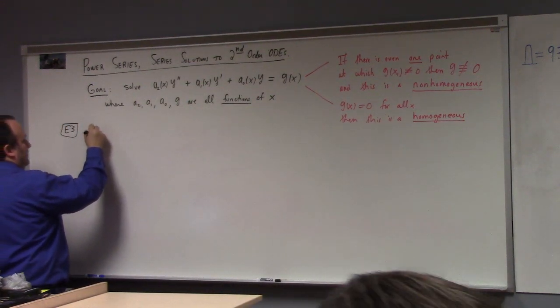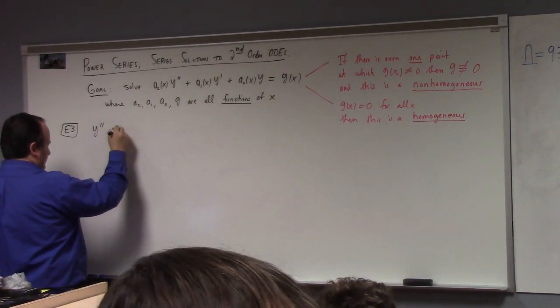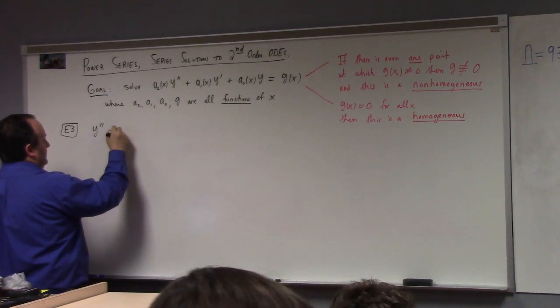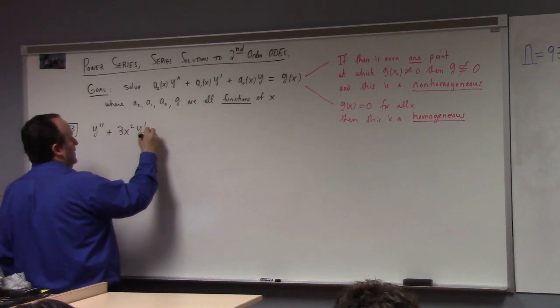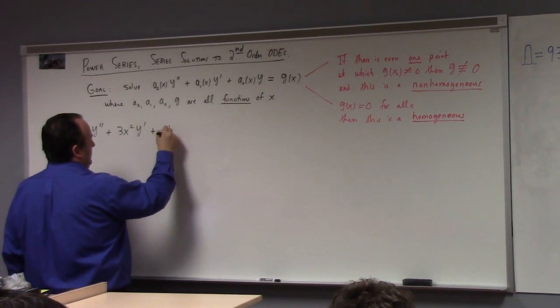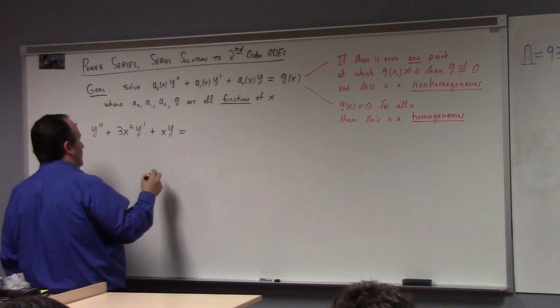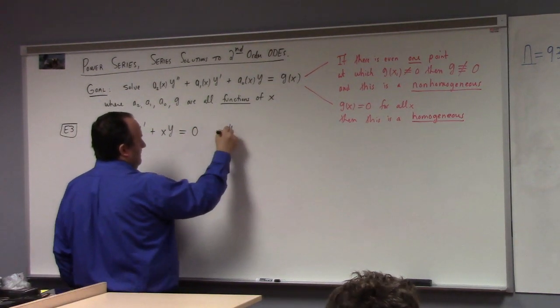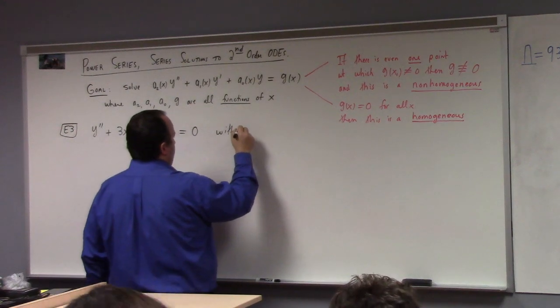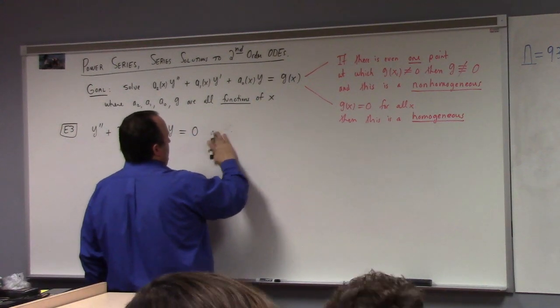Let's look at y double prime plus, oh, I don't know, 3x squared y prime plus xy, and we'll keep it homogeneous, equals 0.